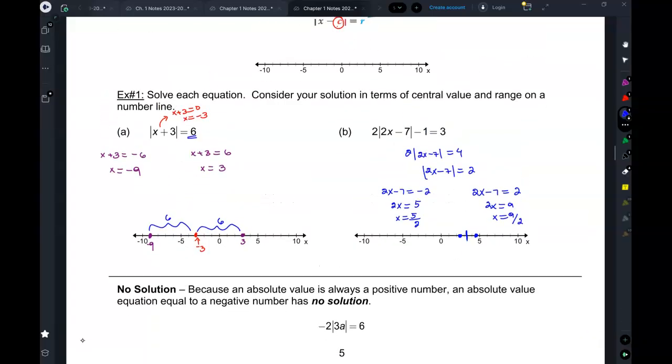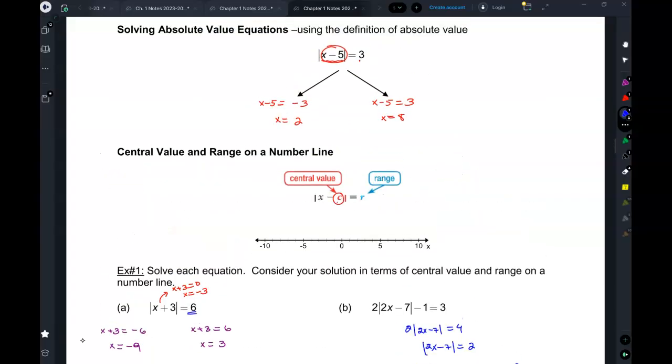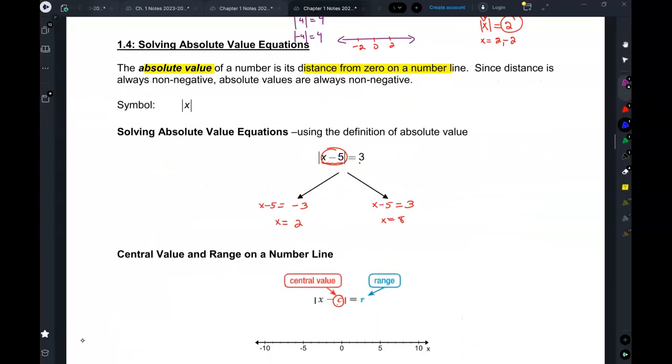Okay, now. So because the absolute value is the distance away from 0, just like we saw here at the very, very top, if the absolute value of something is equal to a positive number, we get two solutions.